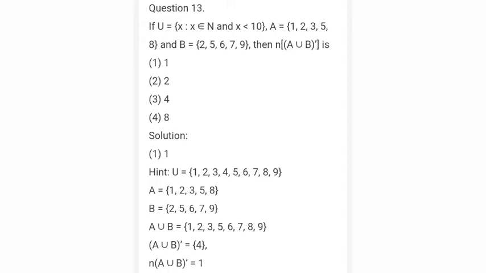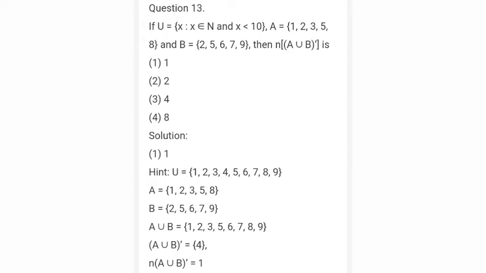A and B are given. First we find A union B. Union means join both sets. Therefore the elements are 1 2 3 5 6 7 8 9, right?